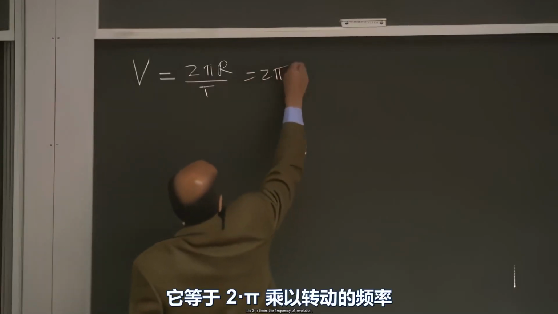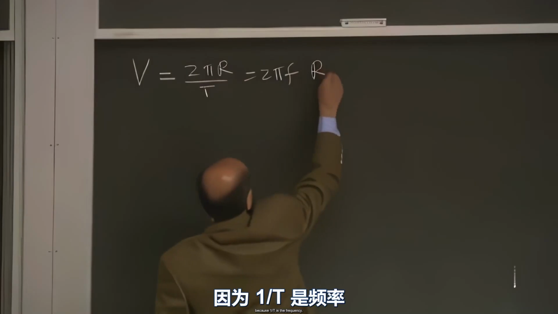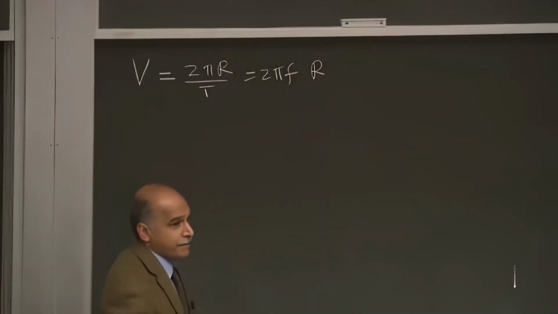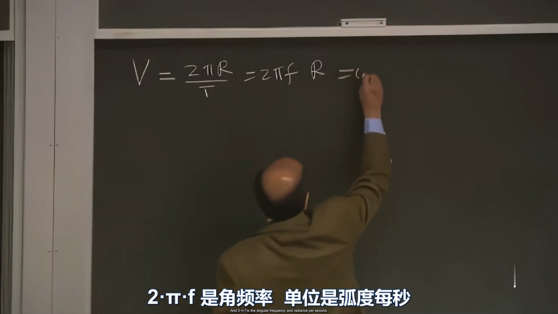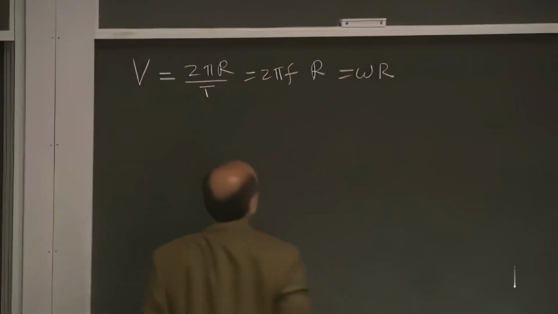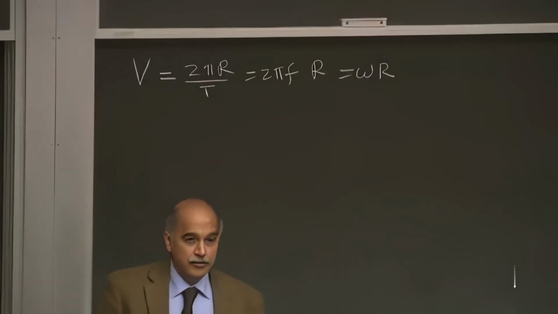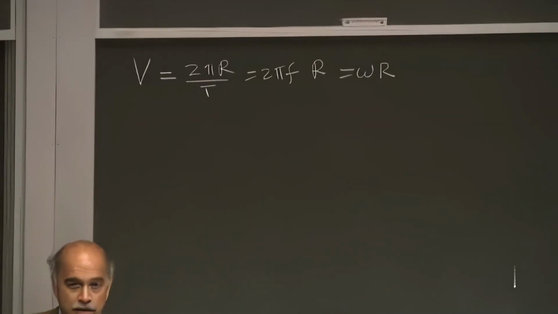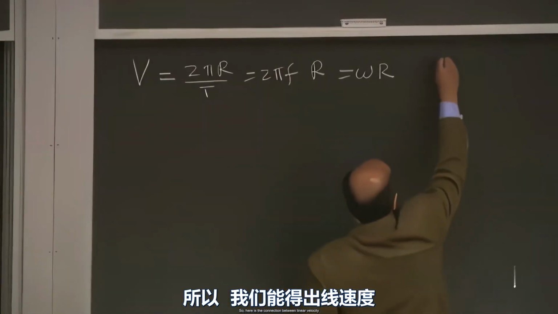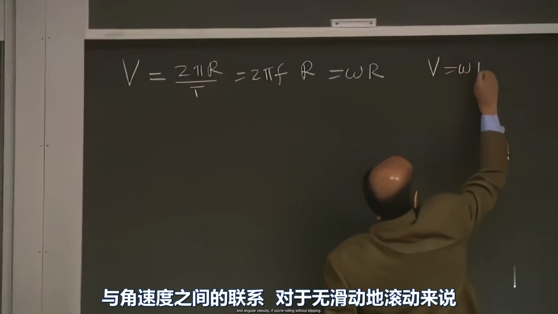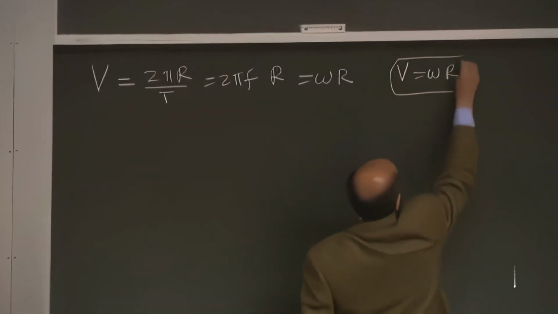It is 2 pi times the frequency of revolution, because 1 over time is a frequency. And 2 pi f is the angular frequency in radians per second. So here is the connection between linear velocity and angular velocity if you're rolling without slipping: v equals omega r.